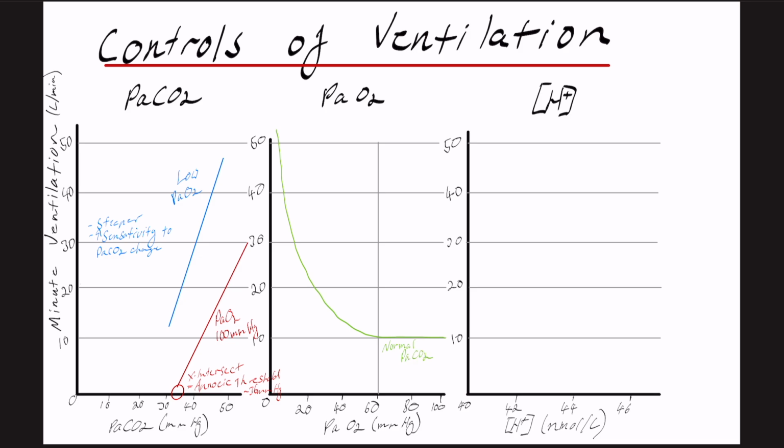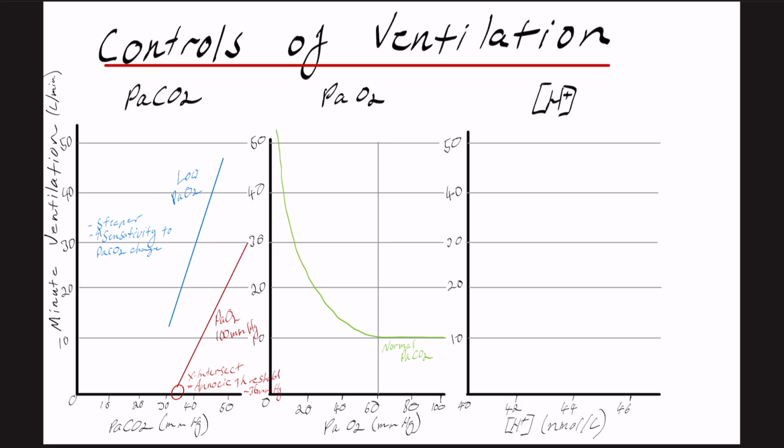But once you cross below that 60 millimeter of mercury point, going from right to left, you notice this dramatic increase in our ventilation. So this is in conditions of hypoxemia. Then all of a sudden you have this hypoxic drive to breathe and increase your ventilation.